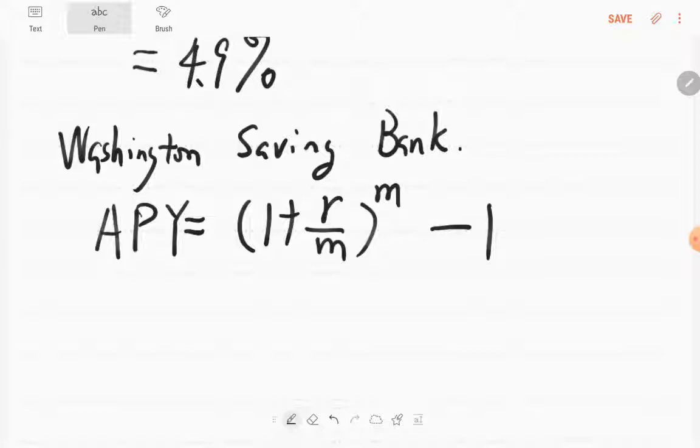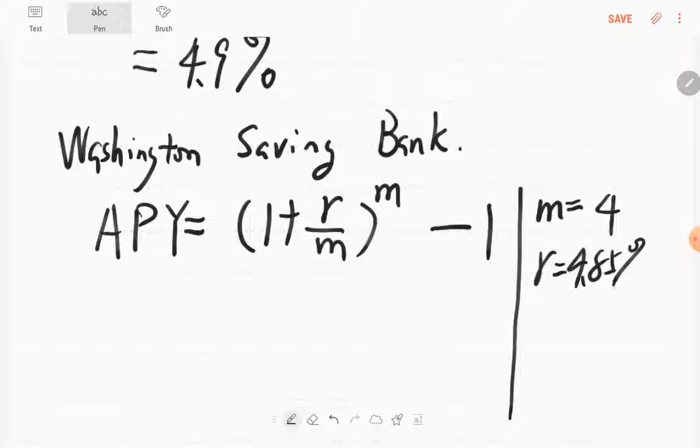Here our m is 4, because it's compounded quarterly. And our r is 4.85%, so this is equal to 0.0485, after dividing by 100, right? So we plug everything into the formula.